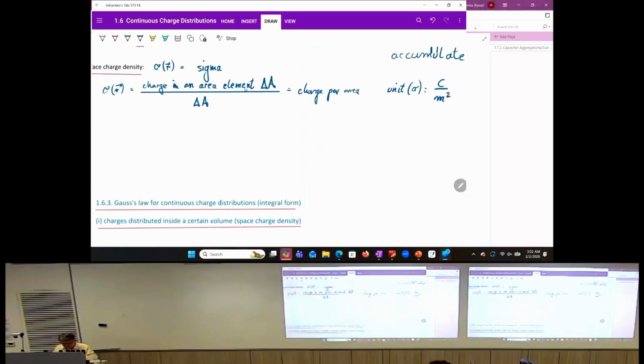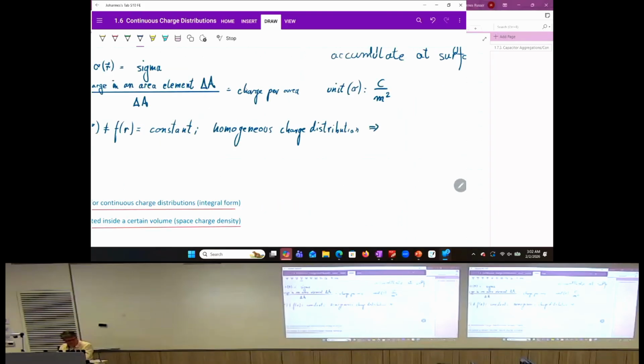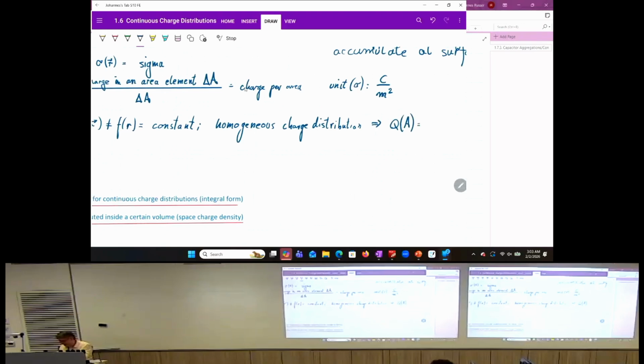Also here you can have two different scenarios. You can have the situation that your surface charge density is not a function of the position. That means it is constant, and you have a homogeneous charge distribution over the surface. Meaning, if you want to get the charge of an area, you obtain that simply by multiplying sigma times the area.